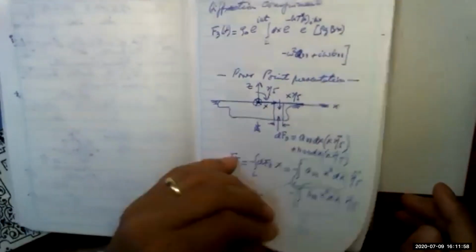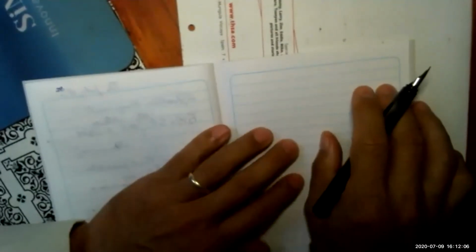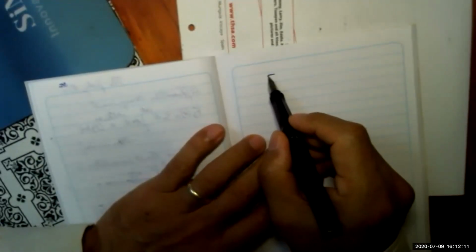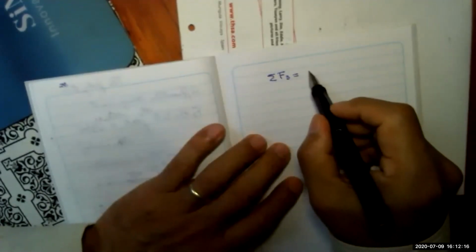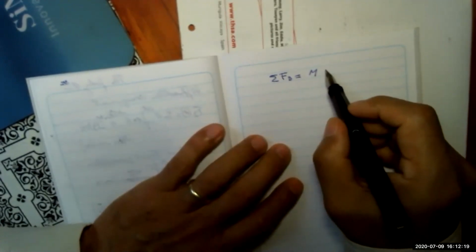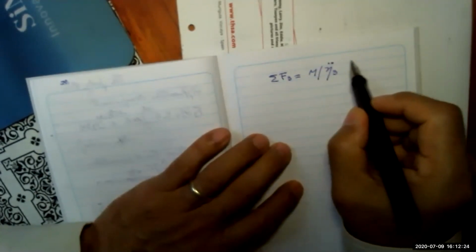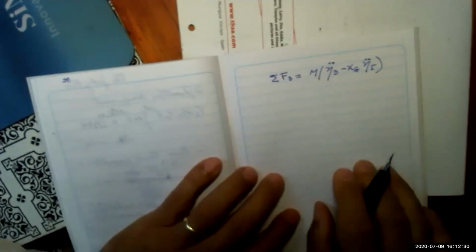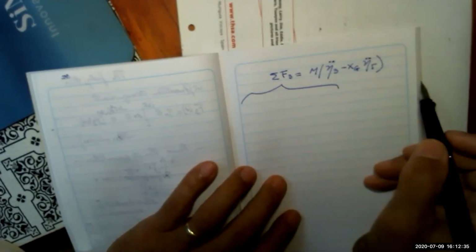The other thing was what happens with these forces. I was going to present something on this, but I'm going to mention that before we present it in a PowerPoint presentation. We said the summation of forces in the vertical direction is equal to mass times the acceleration of the center of gravity. And the center of gravity is equal to eta 3 minus xg eta 5, right? And we start looking at this term here.